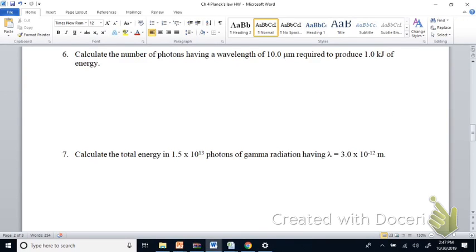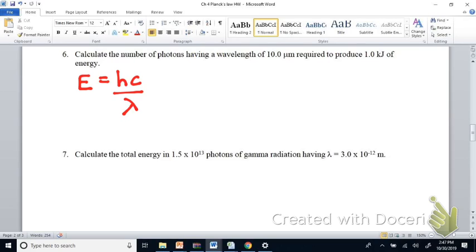All right, number 6. We want to calculate the number of photons having a wavelength of 10 micrometers required to produce 1 kilojoule of energy. So the first thing I want to do is find energy per photon. E equals hc over lambda.